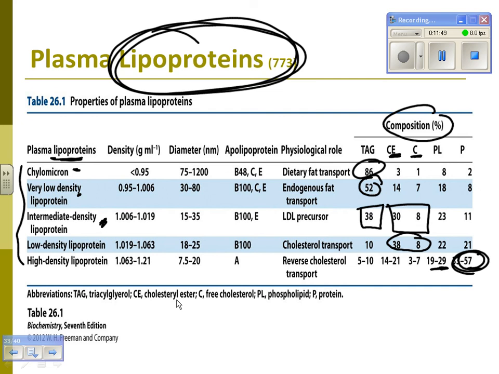You might see something like which one is the largest on their own. So we have chylomicrons, which are very big. HDL is very small.